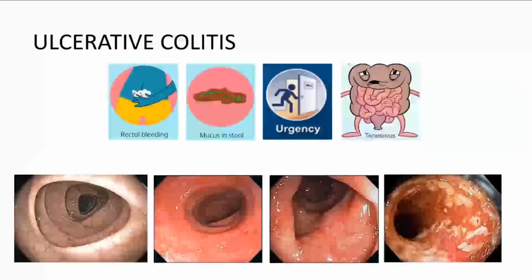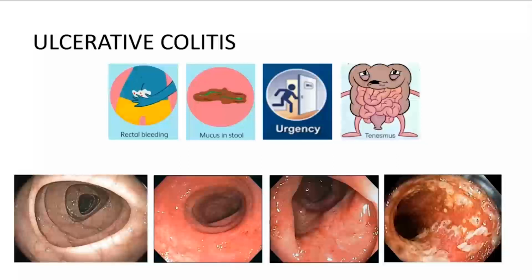So moving forward, ulcerative colitis. Both diseases are similar because they cause inflammation and they can both cause similar symptoms. But someone that has ulcerative colitis, since it most frequently affects the rectum and the distal colon, is going to present with rectal bleeding most frequently.